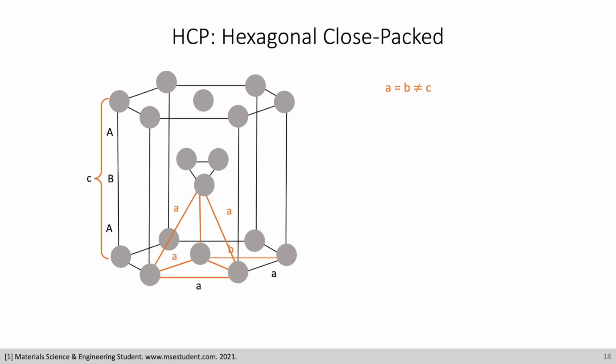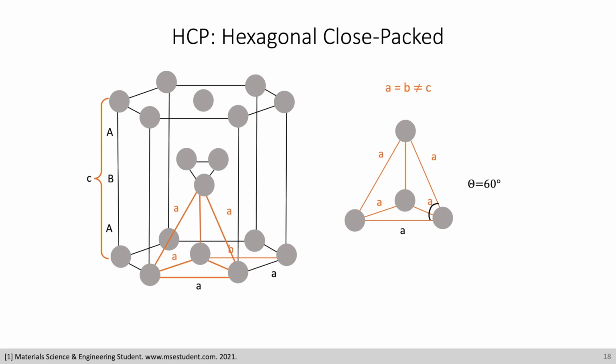And we find that the length from this atom to the next atom in the triangle layer is A, and these are all equal to B, but not equal to C. So we extract that triangle pyramidal shape, and we know that the angle is 60 degrees, and because these lengths are equivalent, this is a triangle with all 60-degree angles.